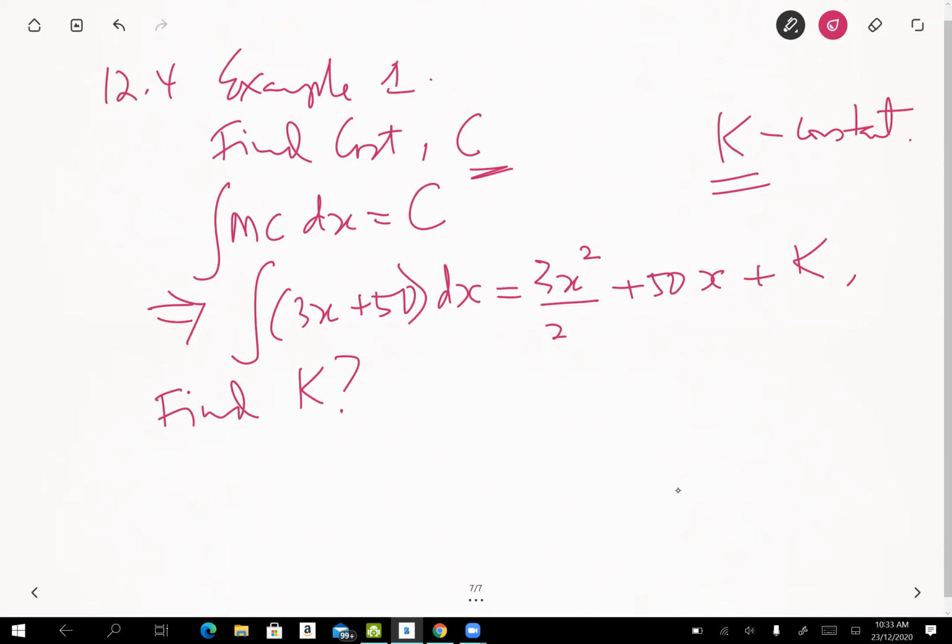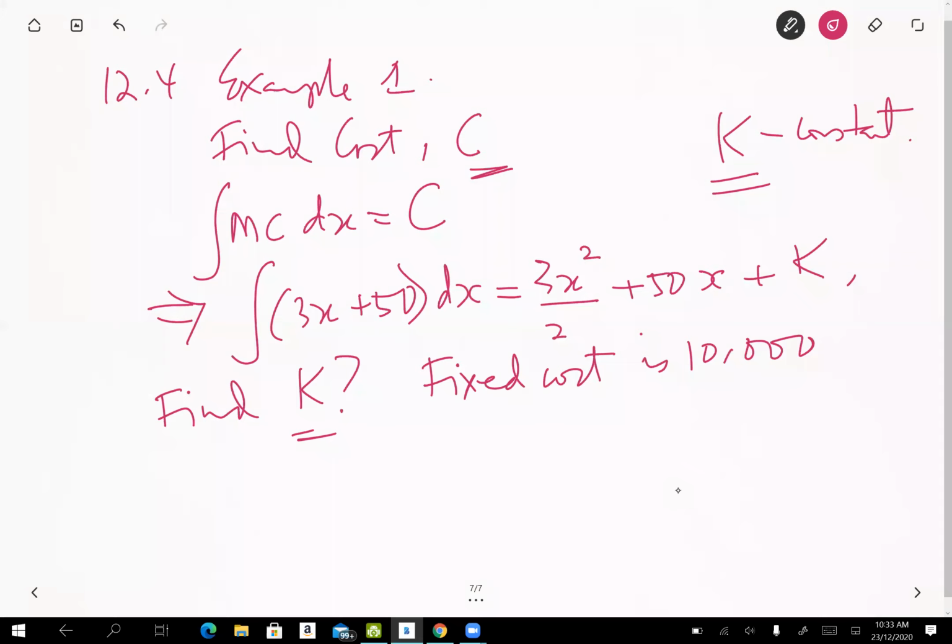Now what information are we given? We are given the fixed cost is 10,000. So to find K, we can use the information given. Fixed cost is equal to 10,000.